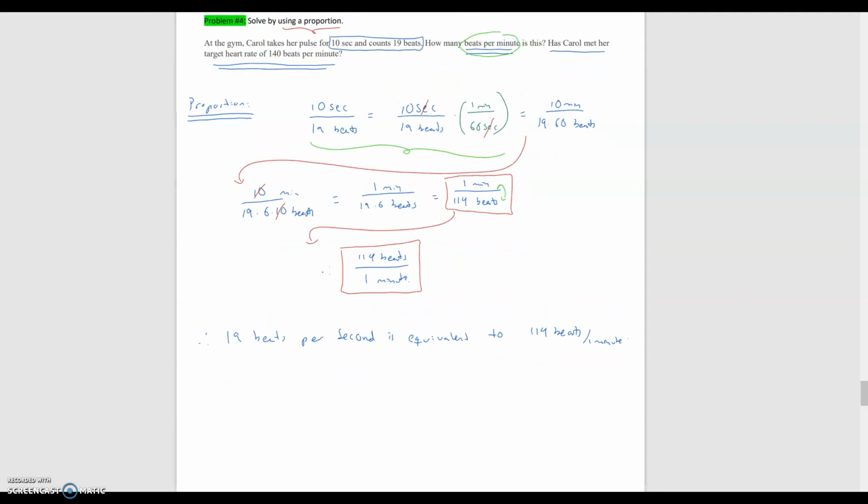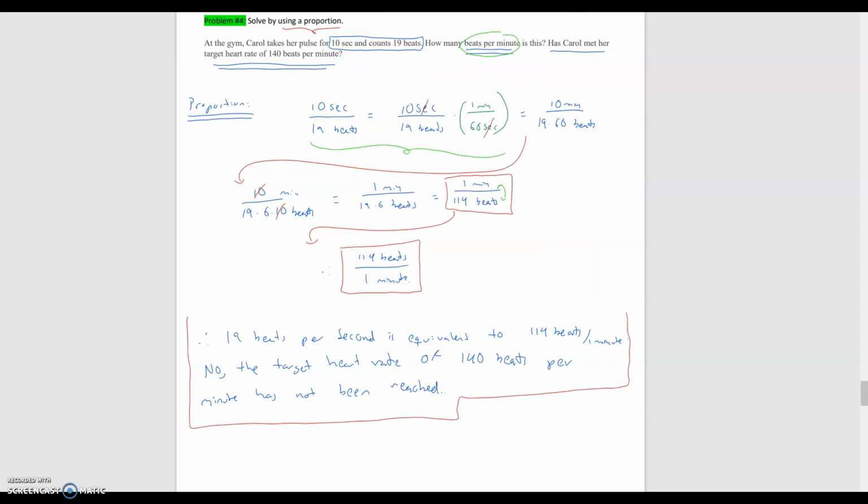And in this case, I'm just going to say no, the target heart rate of 140 beats per minute has not been reached. That's actually it for this one. I'll put the other ones on a different video.